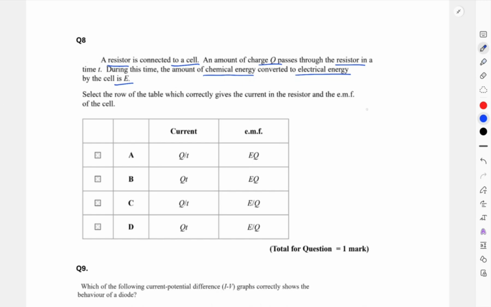Okay, let's just draw a circuit over here. There's a cell over here. The circuit was connected to a cell. So one cell.